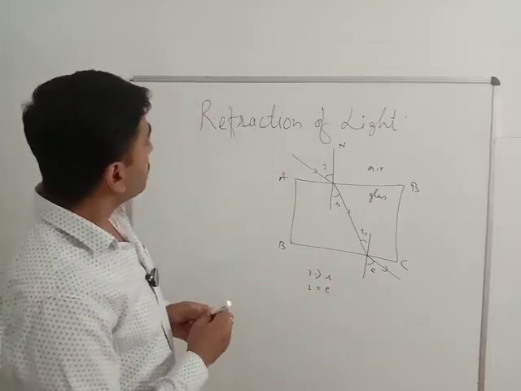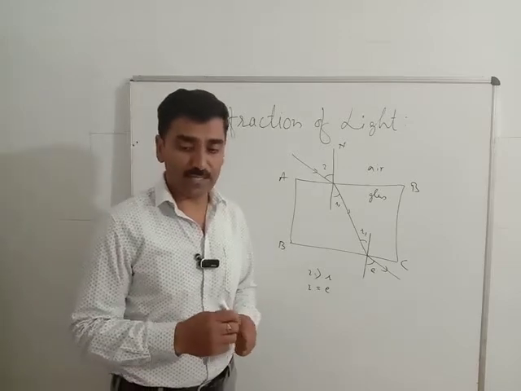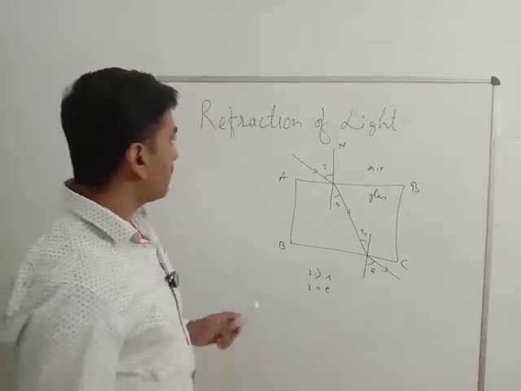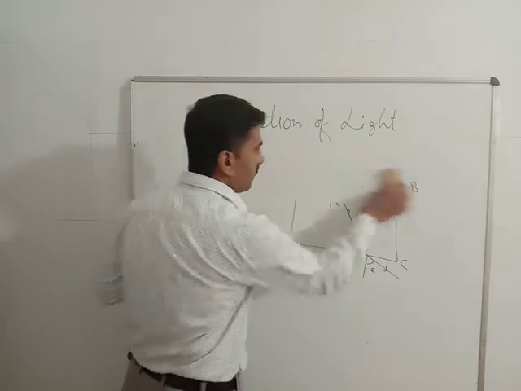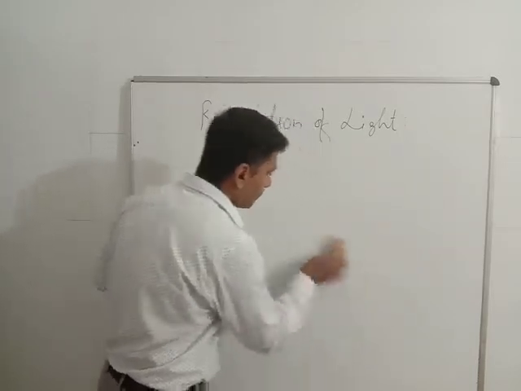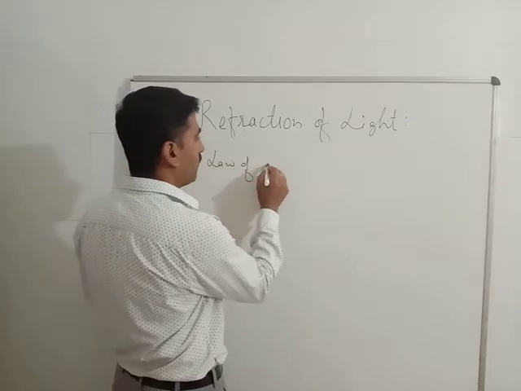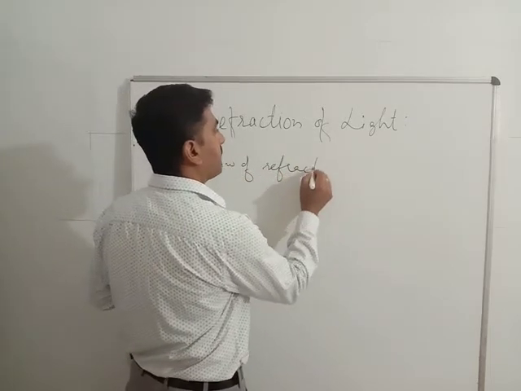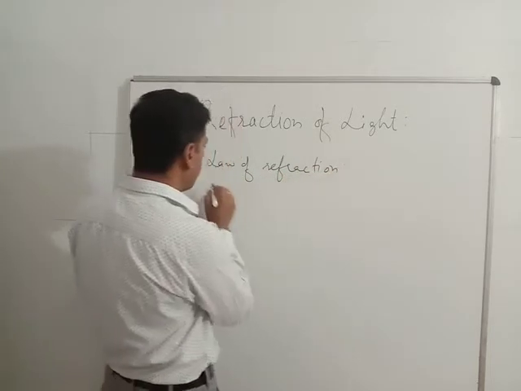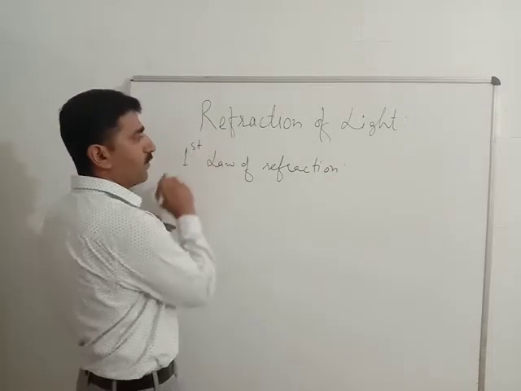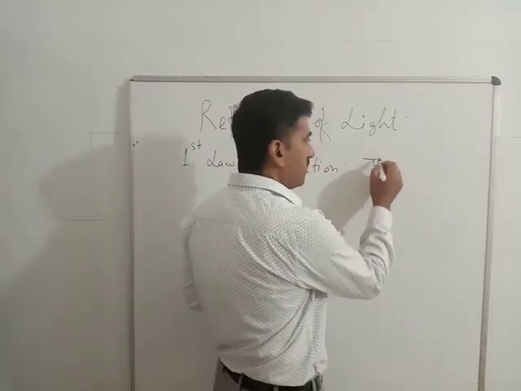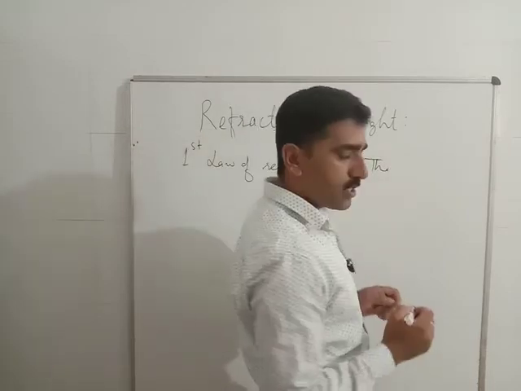Let's talk about the laws of refraction. First of all, I am talking the first law of refraction. The first law of refraction is same which is there in the reflection also.